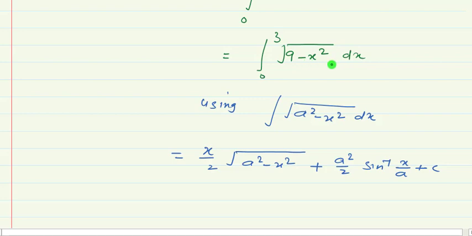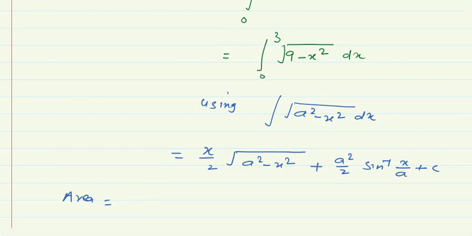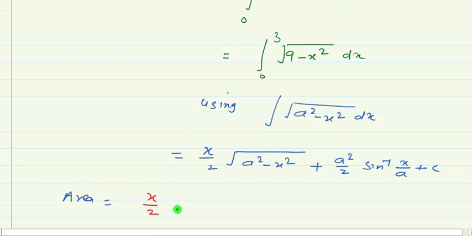So using the same identity over here, area is equal to x upon 2 square root of 9 minus x square plus a square, meaning again 9 upon 2 sine inverse x upon 3, using the limits 0 to 3.